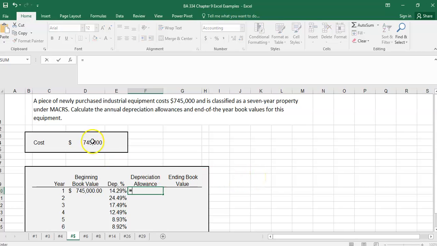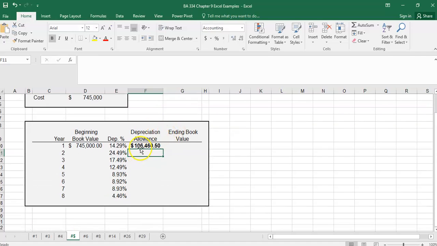So we never change the cost. We lock that amount and then take it times the percentage. The percentage changes to change our depreciation rate every year. That way we can copy our formula down.